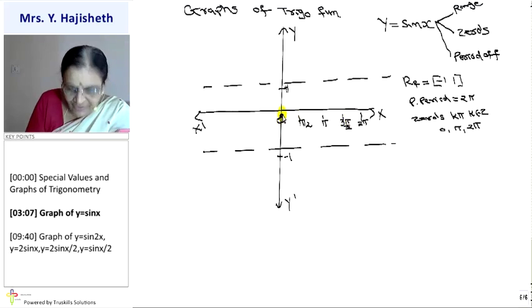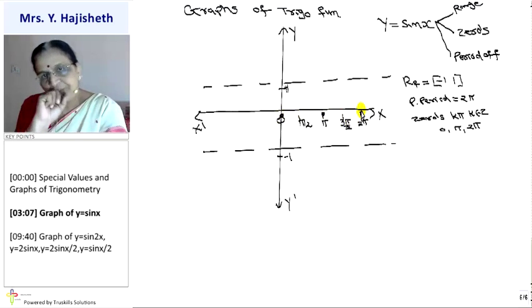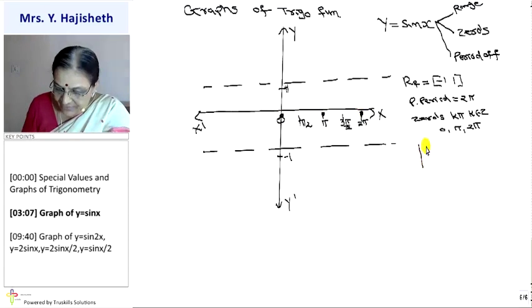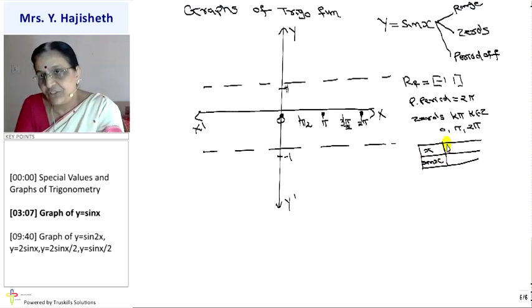That means my graph intersects the x-axis at 0, pi and 2 pi. Are you clear? I don't require to form a table even. I don't require to form a table of x and sin x. Without plotting, without making a table, without writing values, I can draw the exact graph.